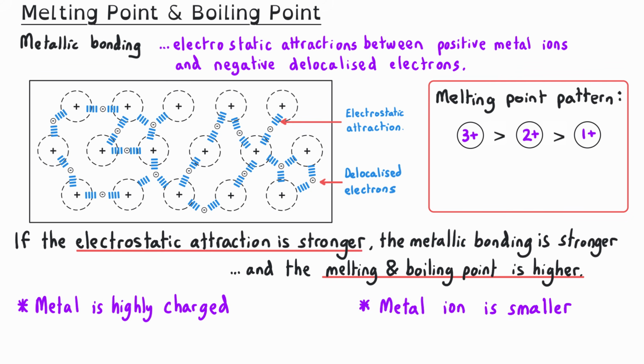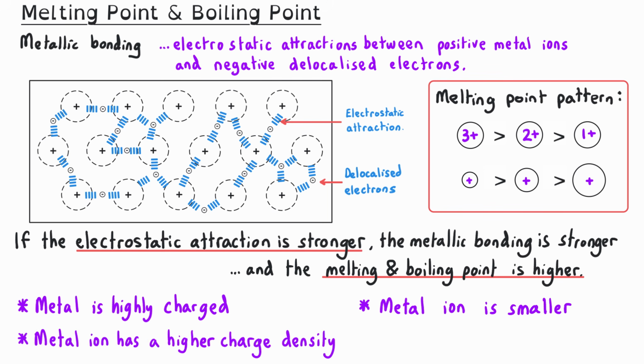The melting point will also be higher if the metal ion is smaller. And so this smallest 1+ ion on the left-hand side will have the highest melting point of these three, and the middle ion will have a higher melting point than the one on the right-hand side, because the one on the right-hand side is the largest ion.